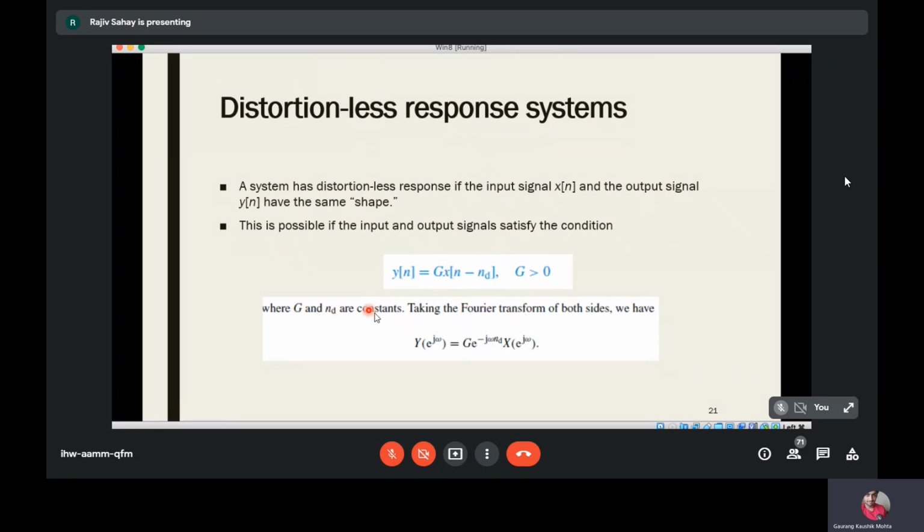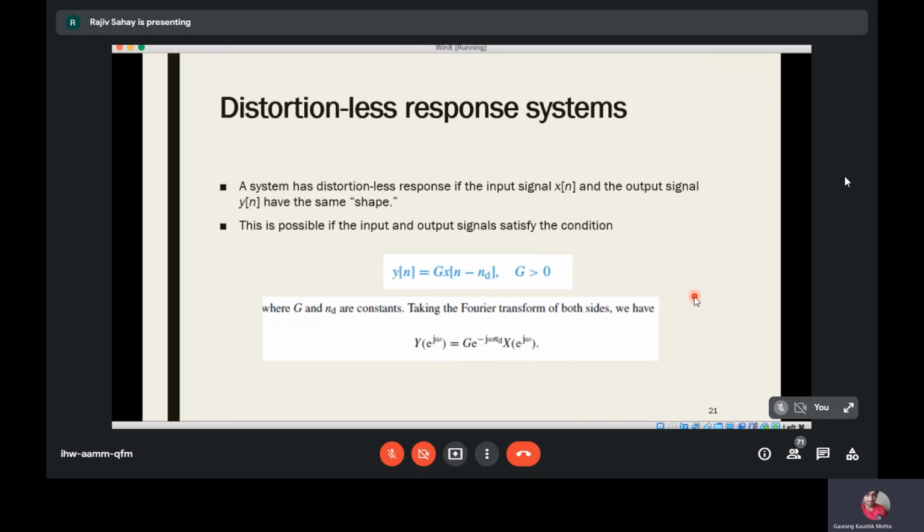Here G and n_d are constants. If you take the Fourier transform of both sides, you get this, and this part is H(e^jω).